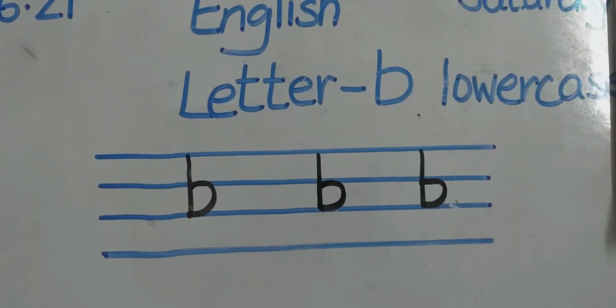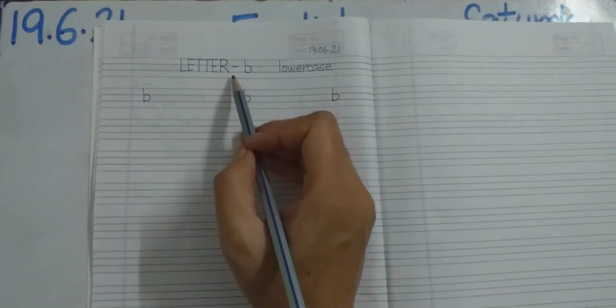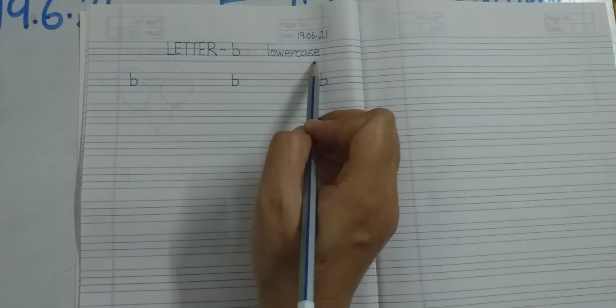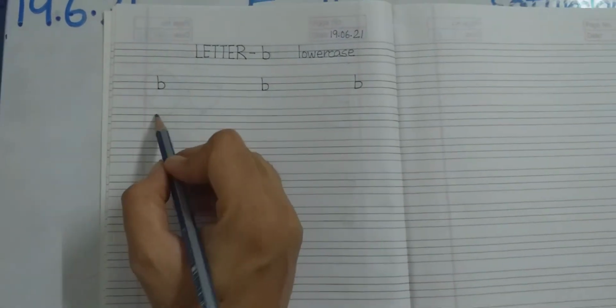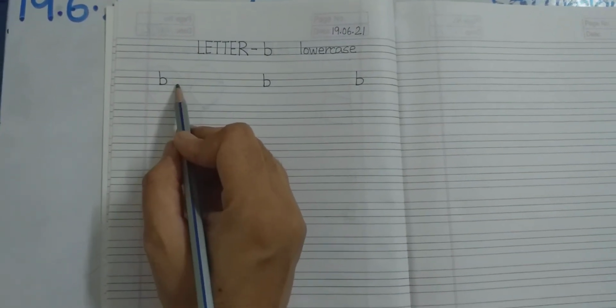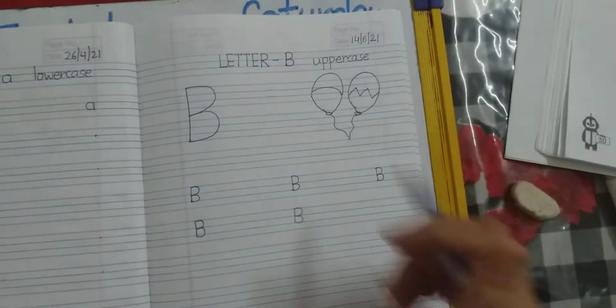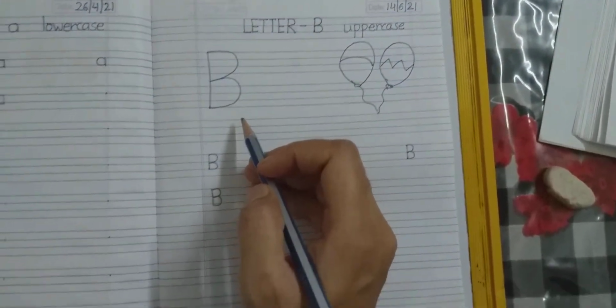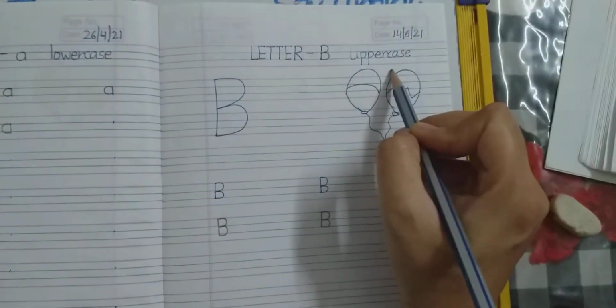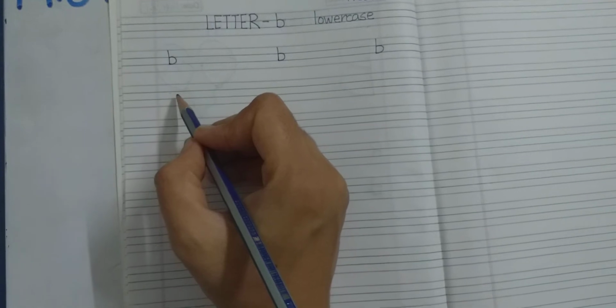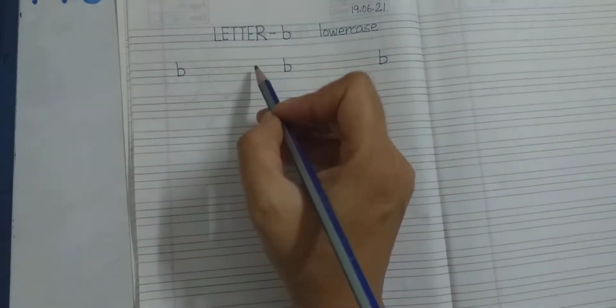Okay, children. You have to write letter B in lowercase in your English notebook like this. In the previous class we did letter B in uppercase. Now today we will do letter B in lowercase.